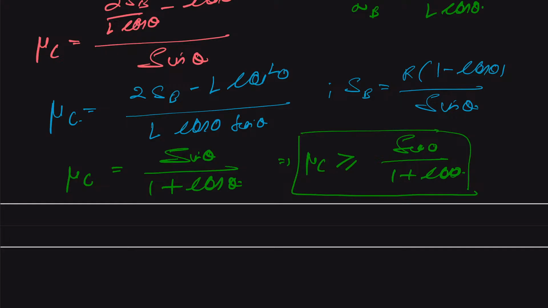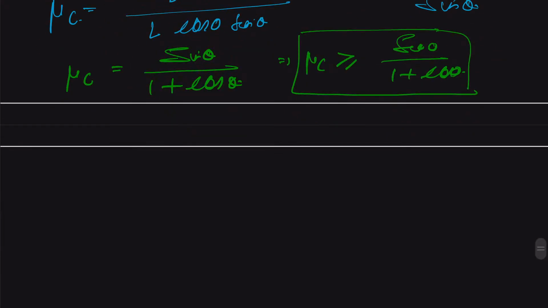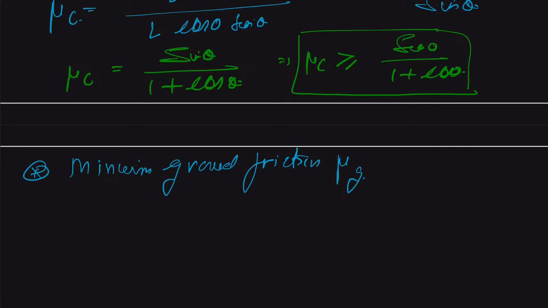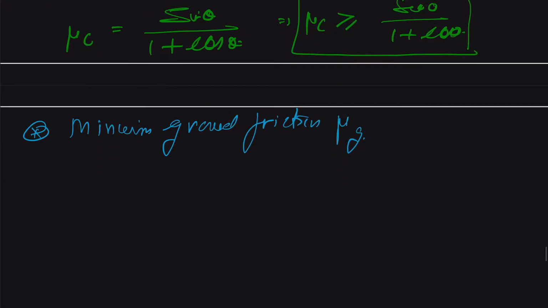And for the second part, part B, similarly we are going to discuss that we require a minimum ground friction, and that coefficient is called mu of G. Once again, for the limiting case, we are going to assume that F of B is equal to 0.